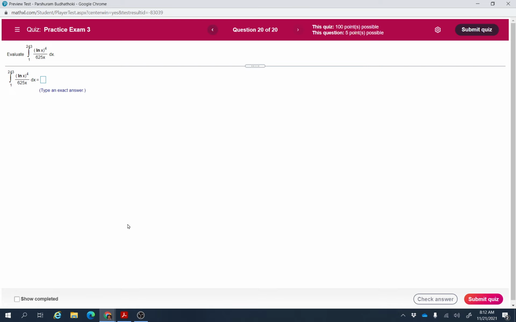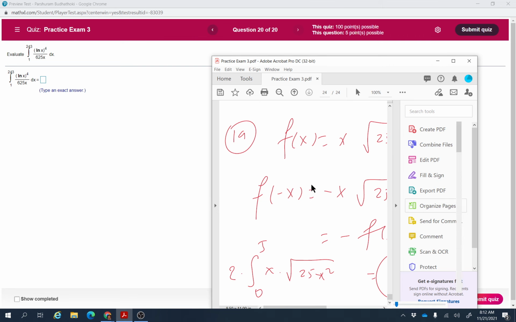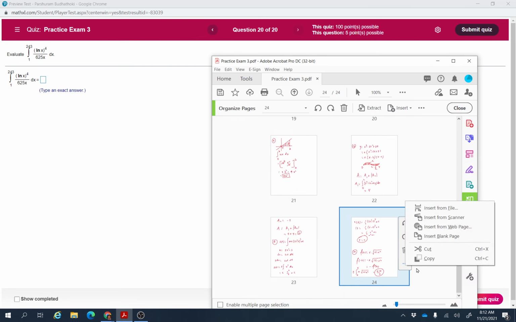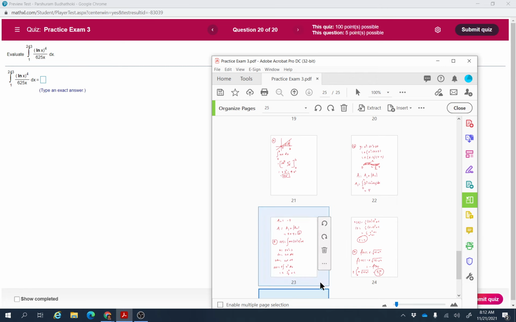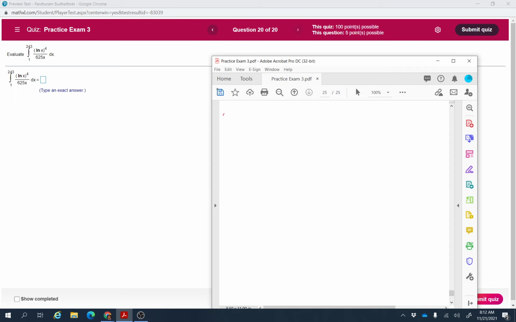Again, use the substitution rule here. Say u equals ln x, and then you can find the integration. So u equals ln of x, du equals 1 over x dx. First of all, just do the indefinite integration.